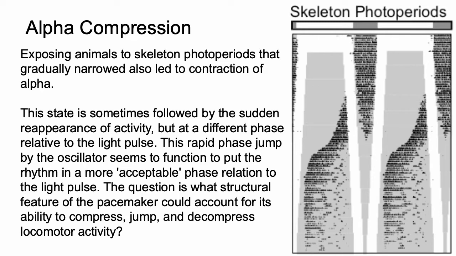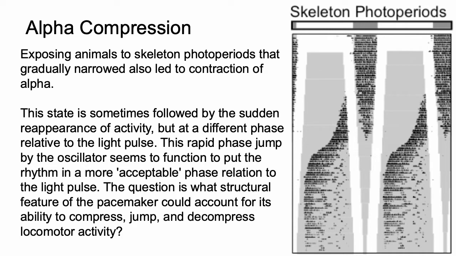Then at some point, all of a sudden there's a jump in the circadian rhythm in the active period. This rapid phase jump by the oscillator seems to function to put that rhythm in a more acceptable phase relation to the light pulse. It's sort of like seeking the dark period in a weird way.